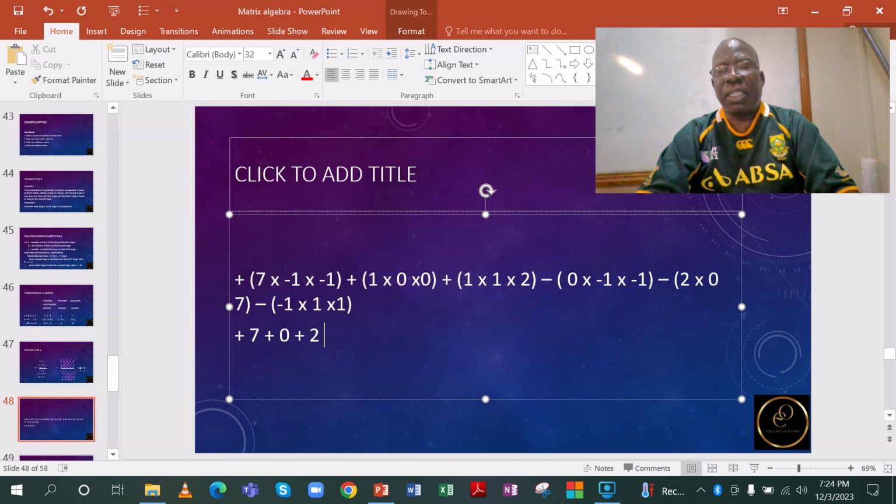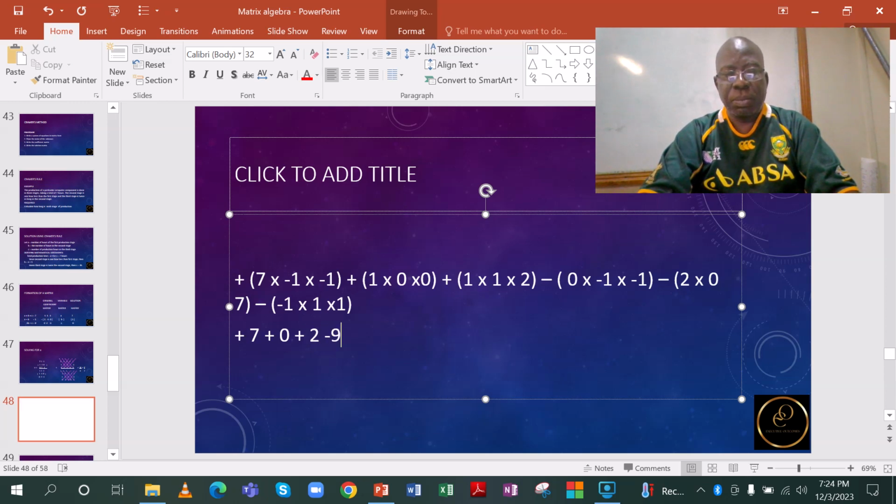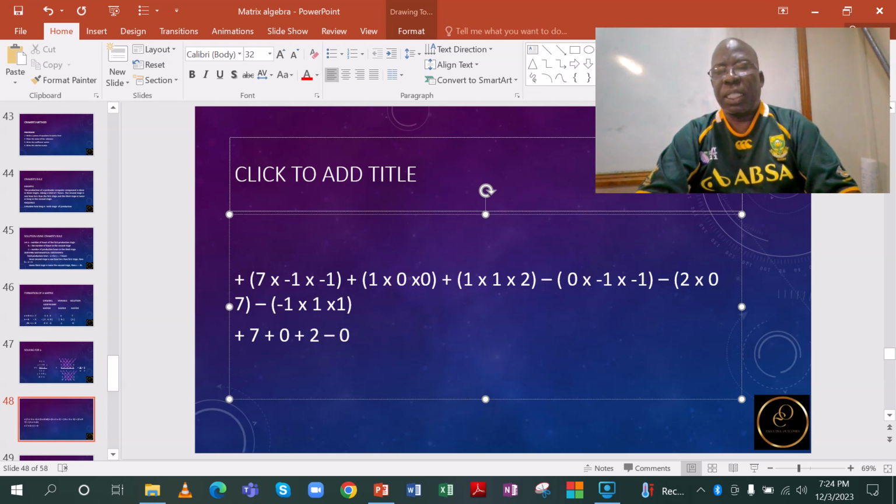Then minus 0 times negative 1 times 1, it will be 0. Then 2 times 0 times 7, it will be 0. Then last is negative 1 times 1 times 1, to be negative 1, so minus that gives positive 1.